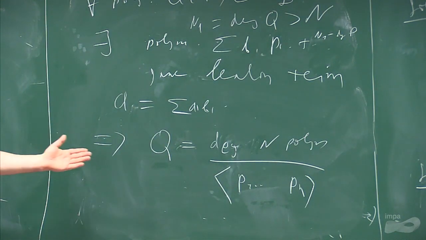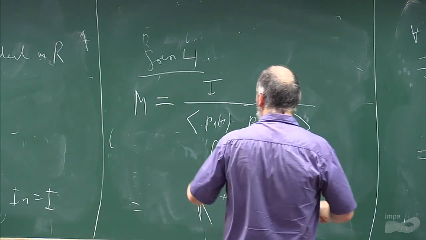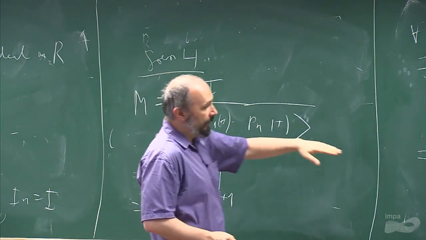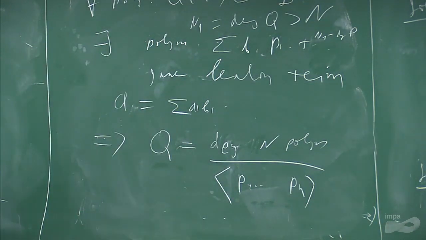And degree n polynomials are precisely R^(n+1). This is the map which takes any element, makes the corresponding degree n polynomial and just takes its coefficients.